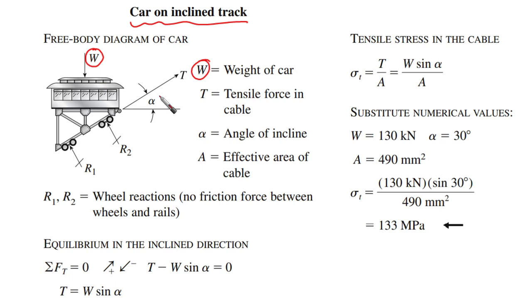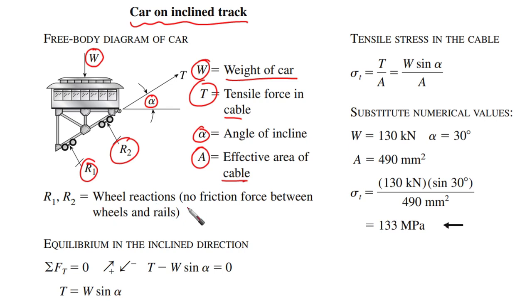So W is the weight of the car. T is the tensile force in the cable, and alpha is the angle of incline, as given, and A is the effective area of the cable. R1 and R2 are the wheel reactions.